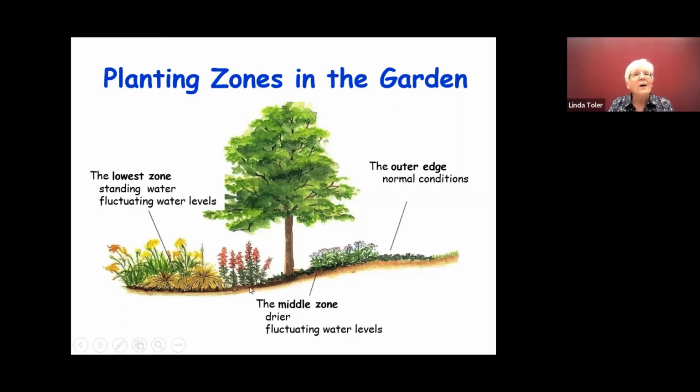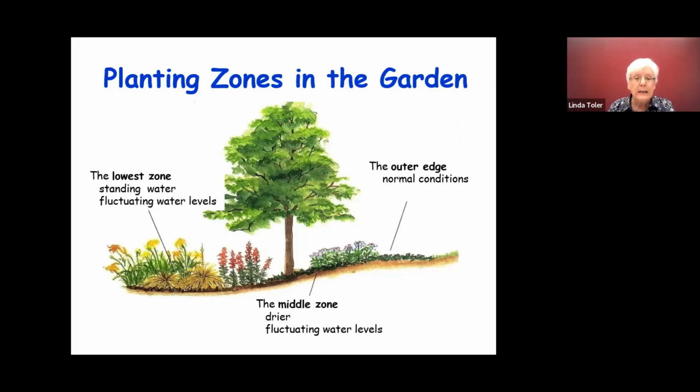And this is sort of up the sides of the ponding area. Plants in this area are going to be wet for a little while, but the water's going to drain out of that area fast because the ponding area is going down.